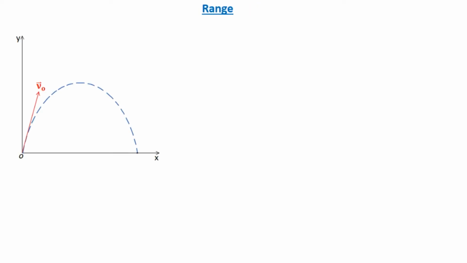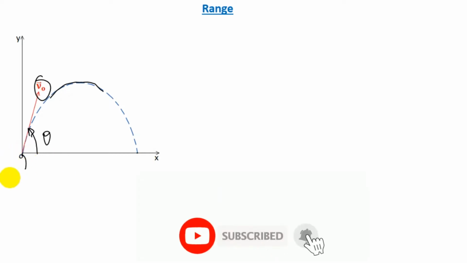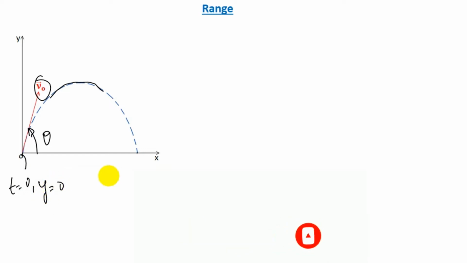So consider a projectile is launched at some angle above horizontal with speed v0, and this is the trajectory of the projectile. Also, the initial and the final elevation is same. This is the initial elevation at time t equals to 0, the elevation y is 0, and the projectile returns to the same elevation, this is y equals to 0, at some time t.